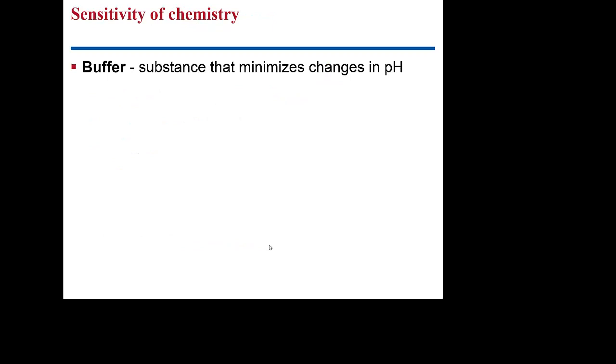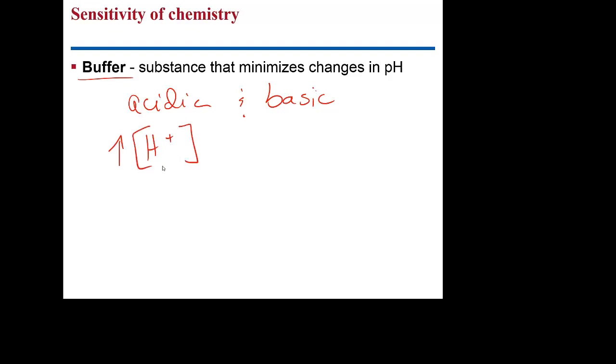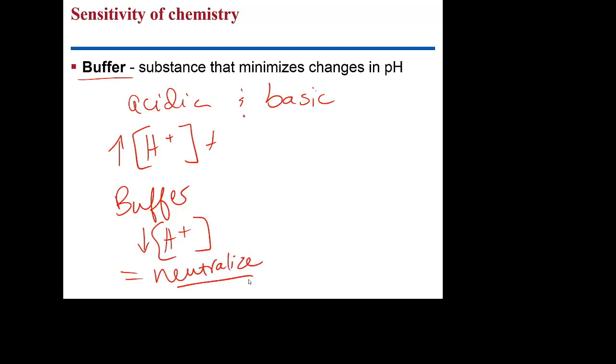So buffers can actually impact both acidic and basic solutions. So you can buffer either one. So in an acidic solution, we have high amounts of those hydrogen protons, right? High concentrations. So if we add a buffer to that, we're actually going to decrease the hydrogen concentration, or do what we call neutralize that solution.